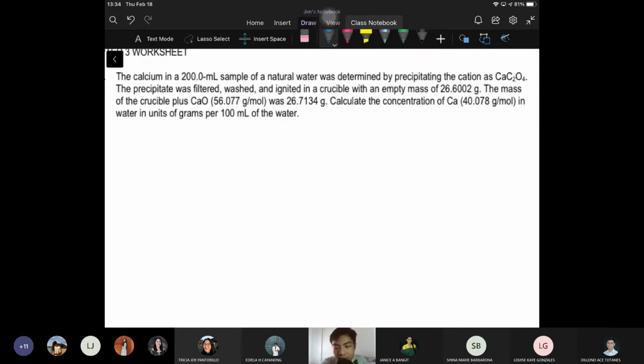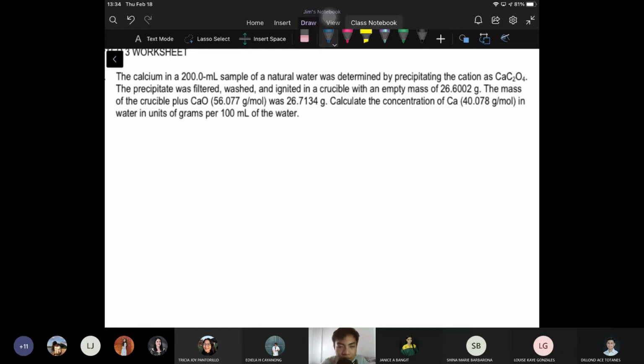So, last time we were able to know the process on how to carry out gravimetric analysis. So what we do there is that we have our metals, we have our ions, we precipitate them with precipitating agents. So once yun ay nag-precipitate na, we will wash it, we will filter it, wash it, and then later on we will dry it or ignite it.